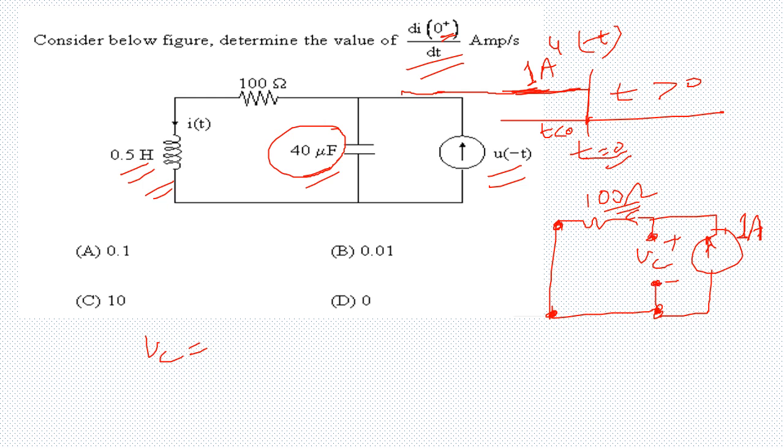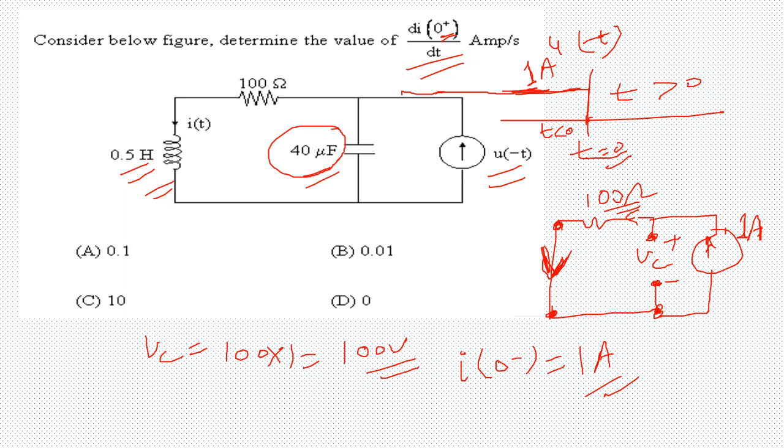So the voltage across the capacitor is 100 into 1, which is 100 volts. Also, the current through the inductor at 0 minus, which means just before this current source is removed, is going to be 1 amp.